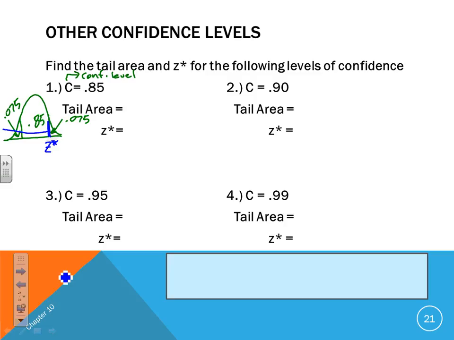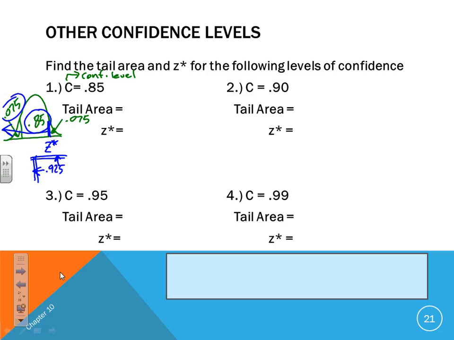So we want everything to the left of that. So I'm looking for, on the table, 0.925, because that is the 0.85 plus the 0.075. And I'm going to go over and up to find the z star that corresponds to that.